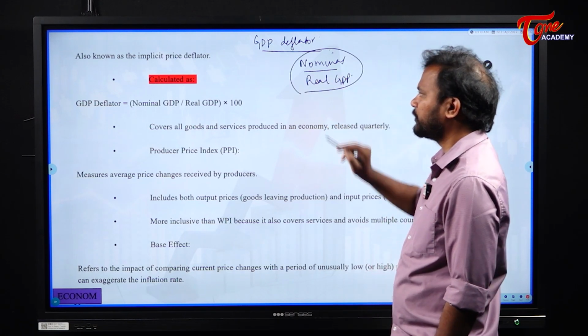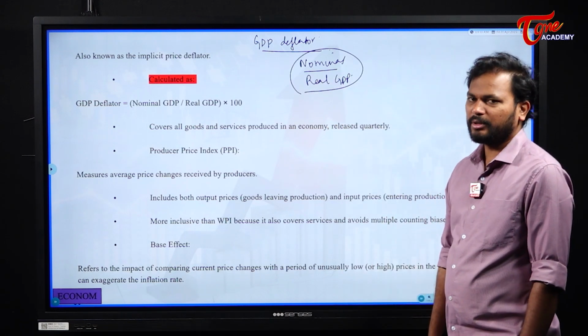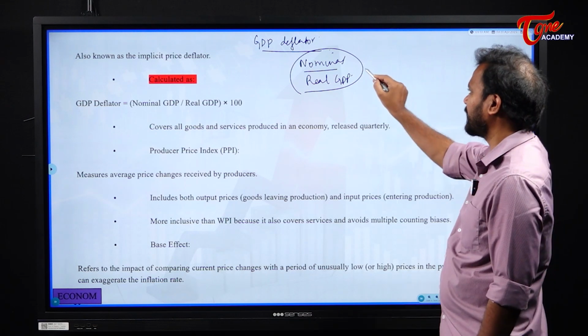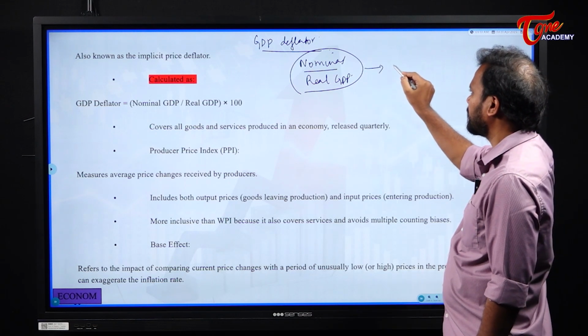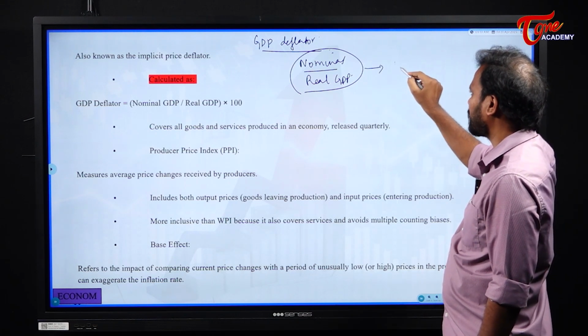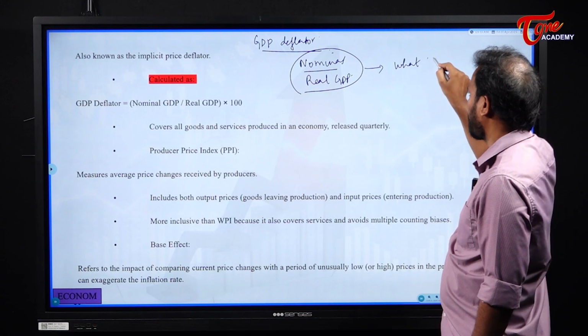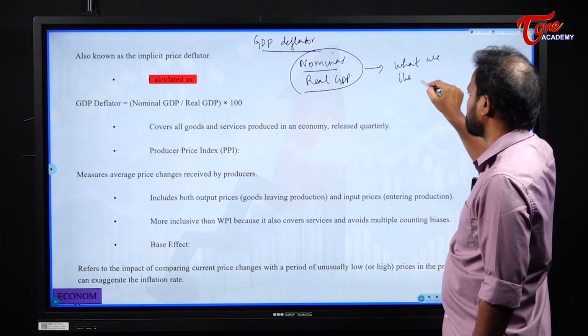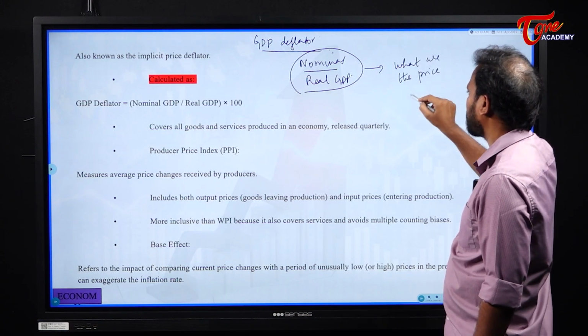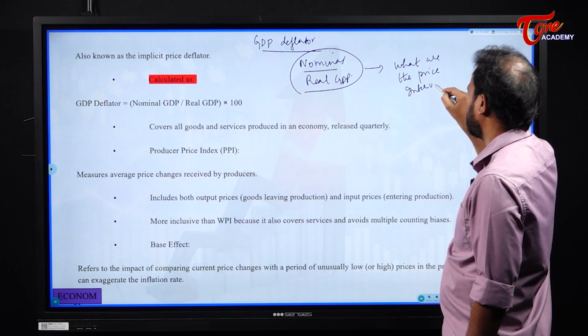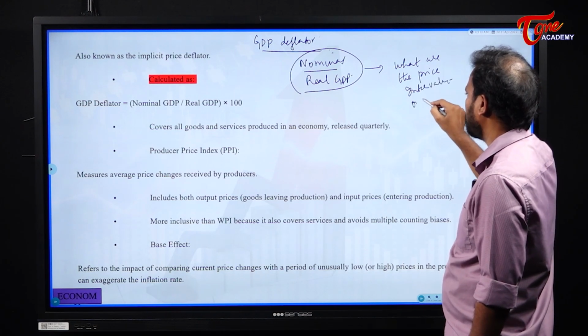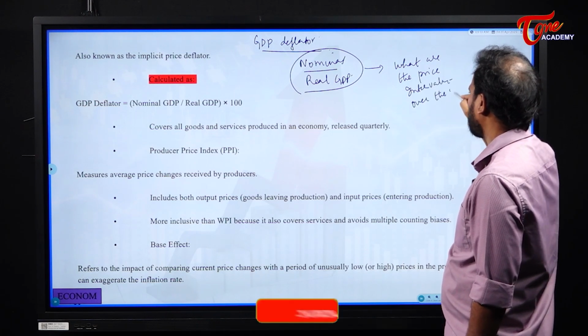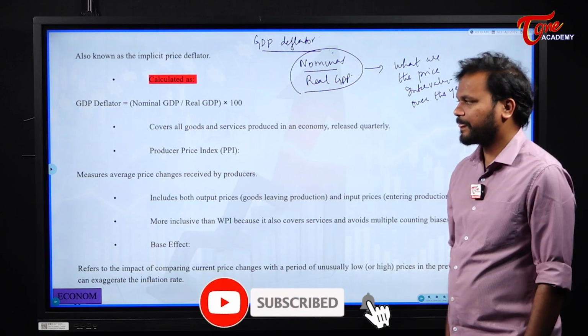Okay, so it is the implicit indicator that gives you the idea of what the price changes are, in the regular intervals over a particular year. Clear?